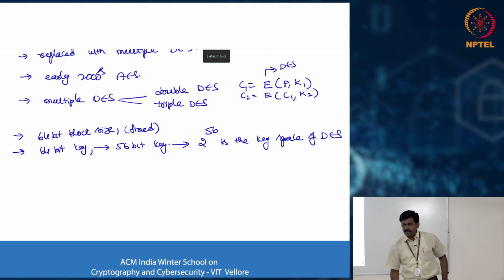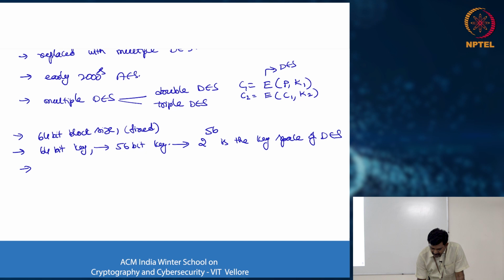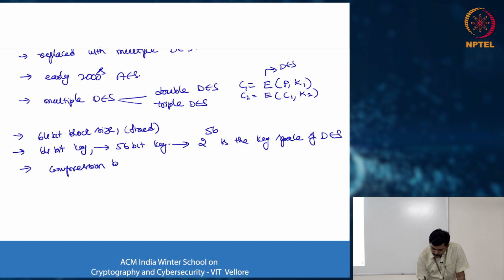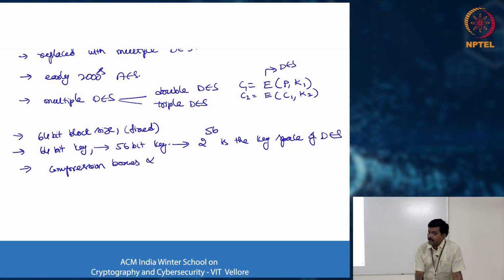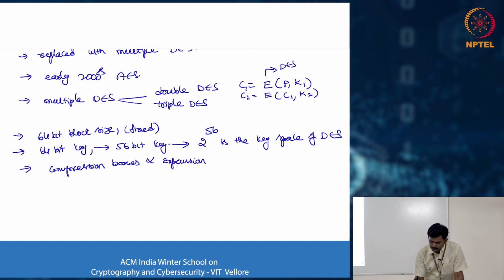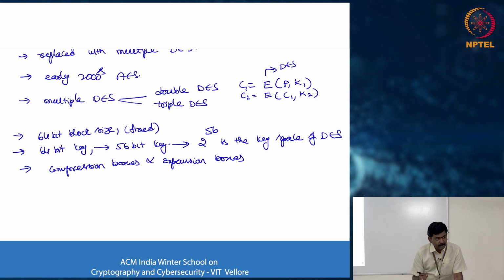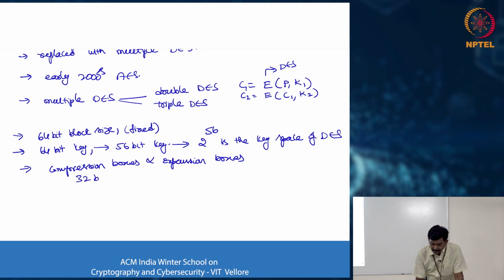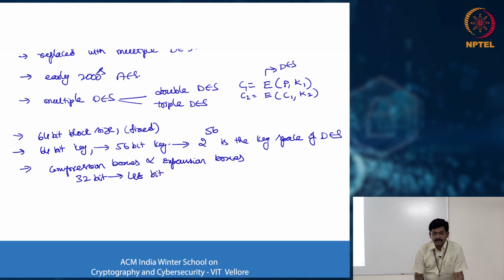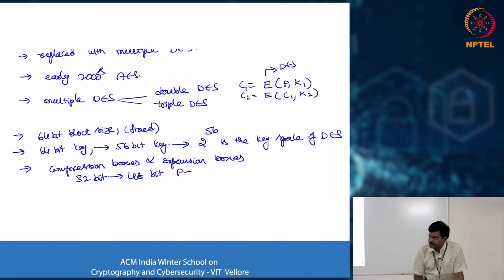There are certain boxes which we have used, which are, number one, compression boxes and expansion boxes. Where we have used, you remember, the 32 bits of the right half is expanded to 48 bits through which operation? The P operation.